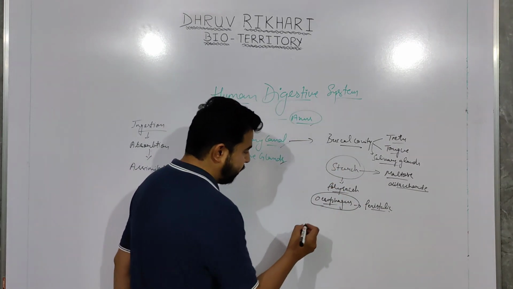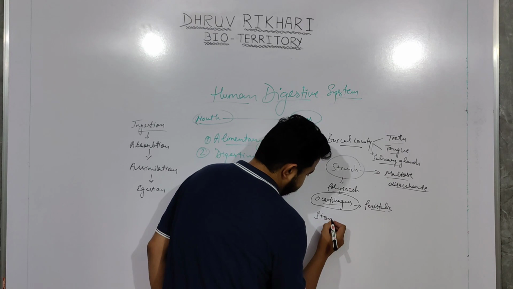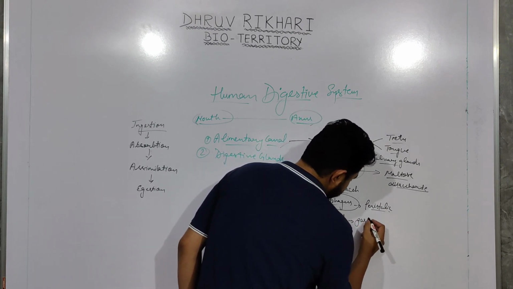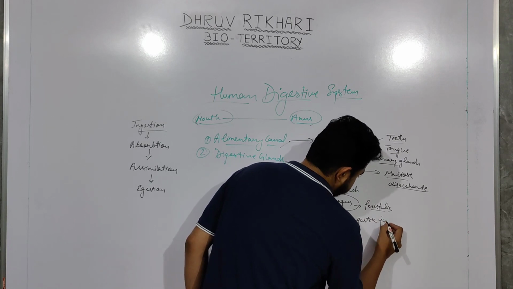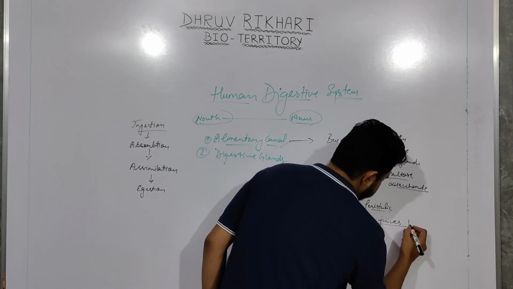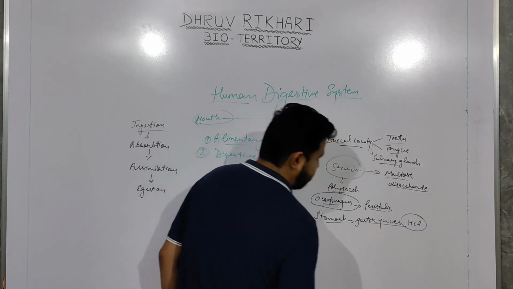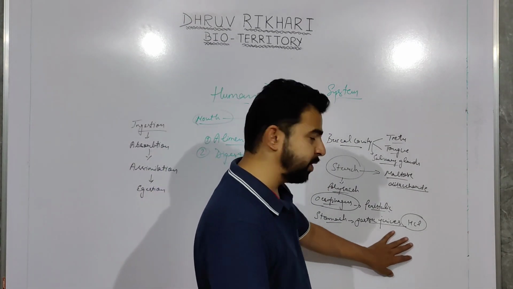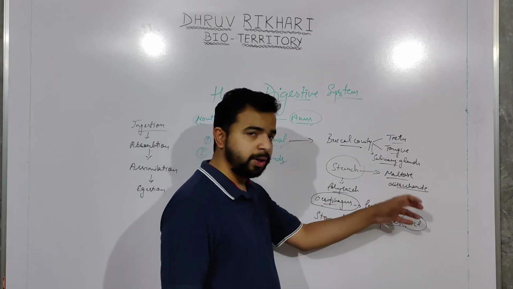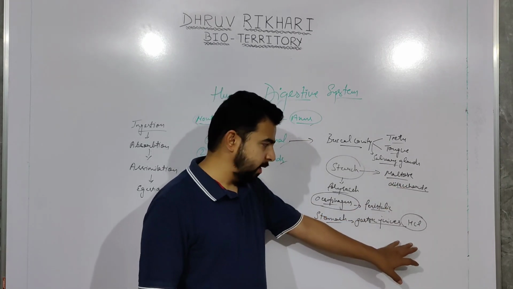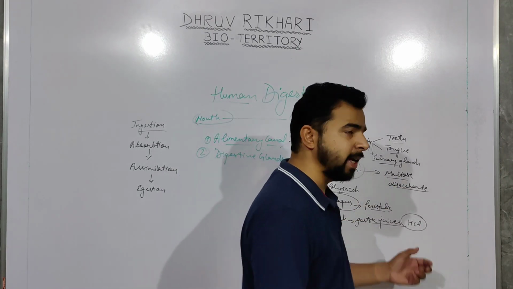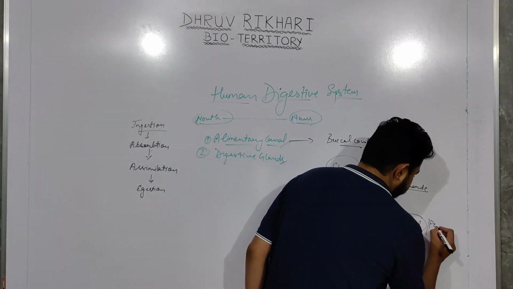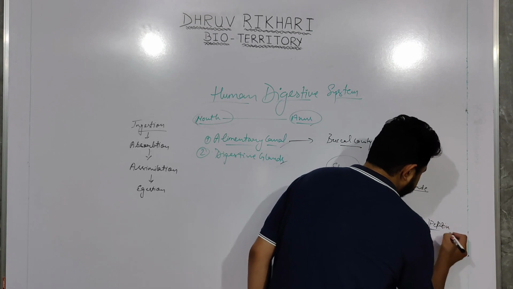And when food comes into the stomach, there is a secretion of gastric juices. We call it hydrochloric acid, which is an acid. Now this secretion of hydrochloric acid converts food into acidic form, and apart from HCl, we also have pepsin.